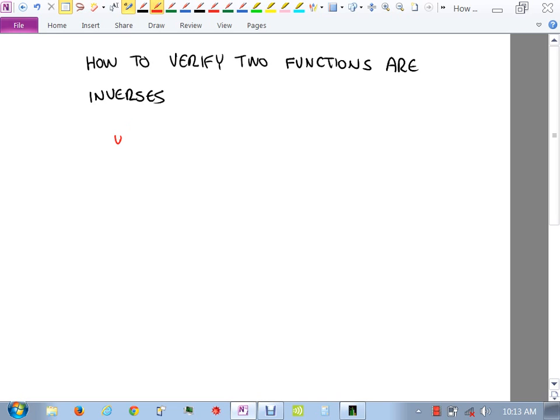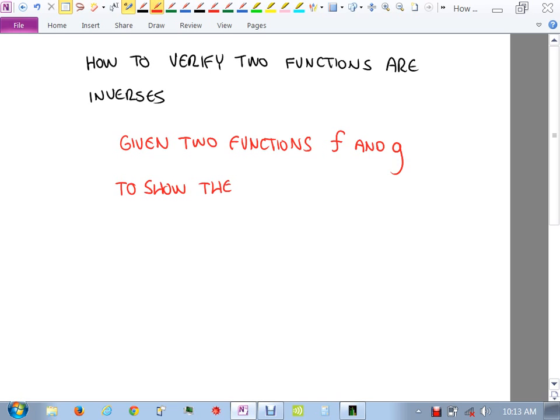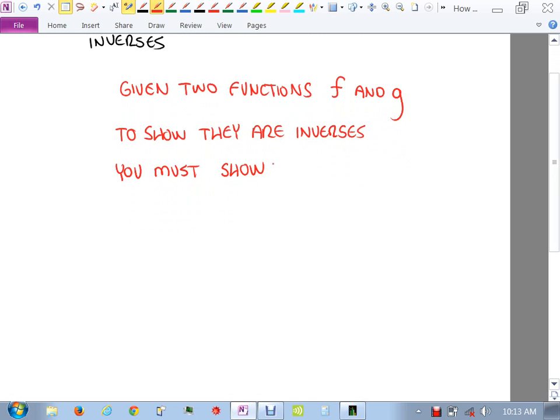Given two functions, and I'll call them f and g, to show they are inverses, you must show these two things.